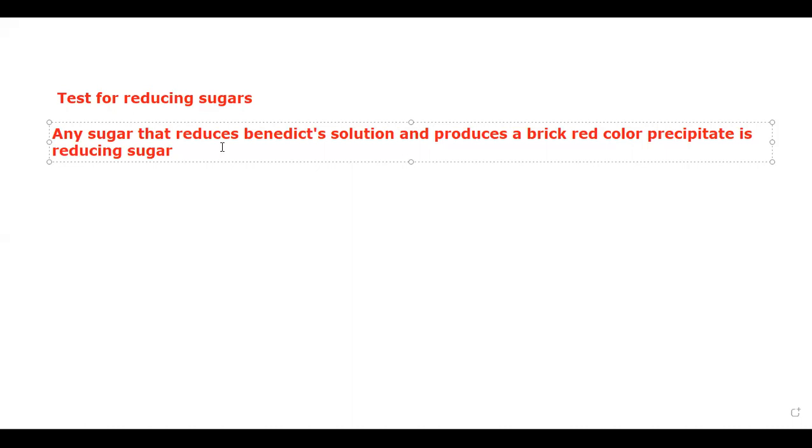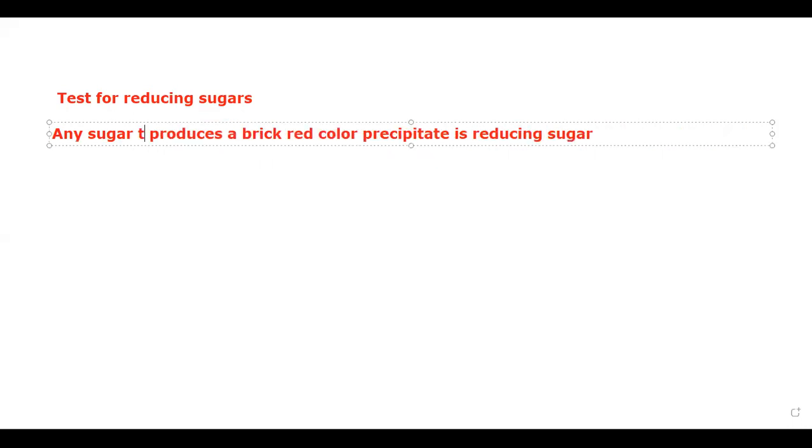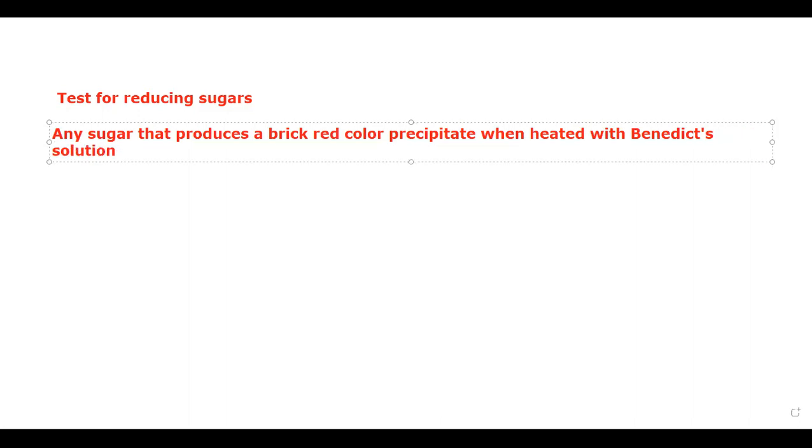In the exam paper, if they ask you the definition for reducing sugar, any sugar that reduces Benedict solution, or you can write it this way also: any sugar that produces a brick red color precipitate when heated with Benedict's solution is called a reducing sugar.